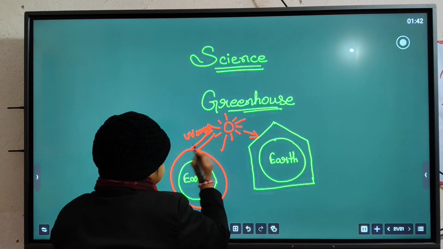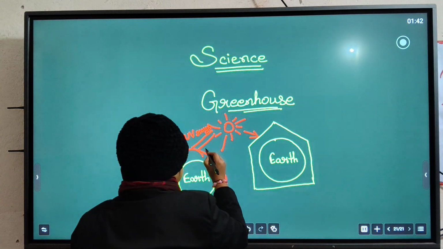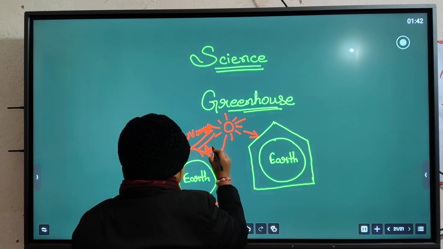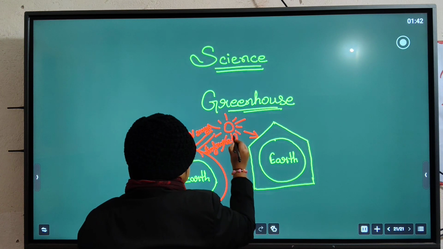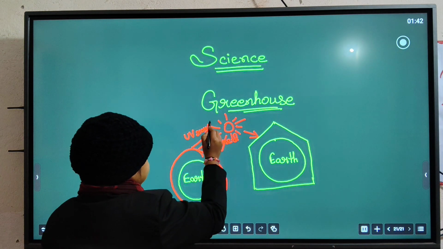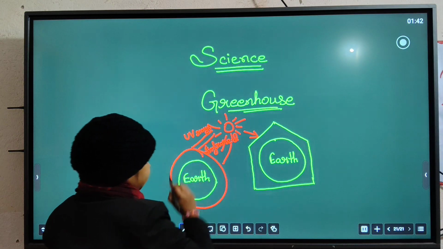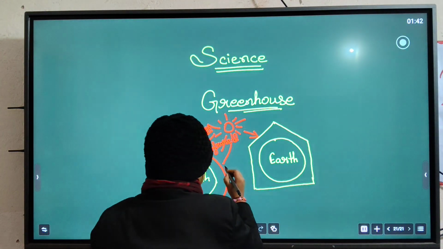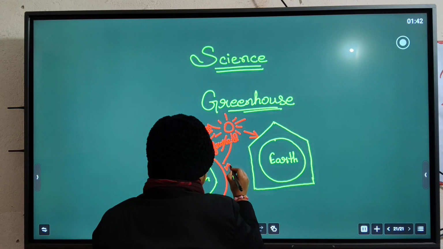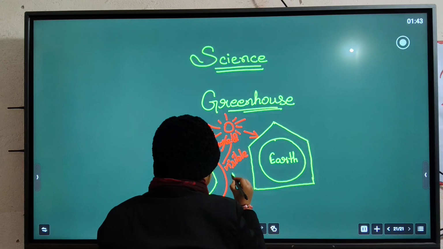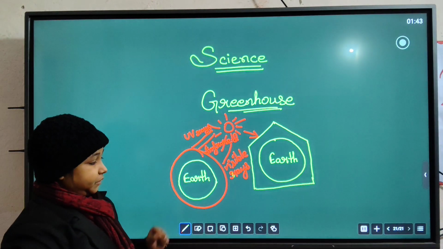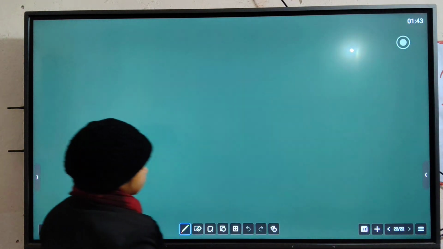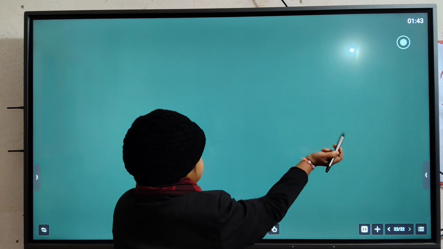The second is the infrared rays. And the third ray that comes from the sun to the earth is called the visible rays. Now understand what these rays do.